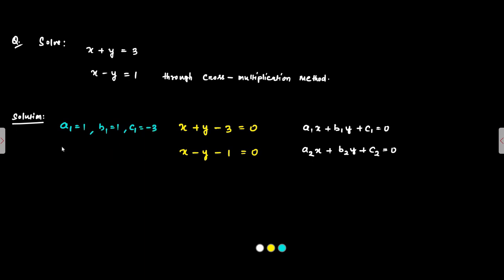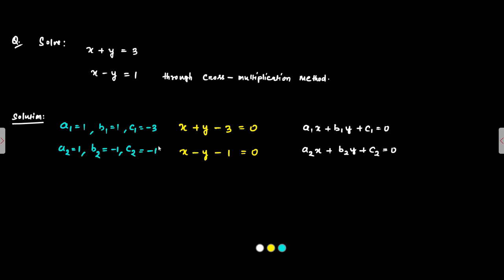And for the second equation, a2 is equal to 1, b2 is equal to minus 1 and c2 is equal to minus 1.